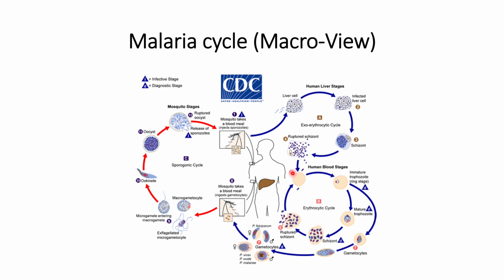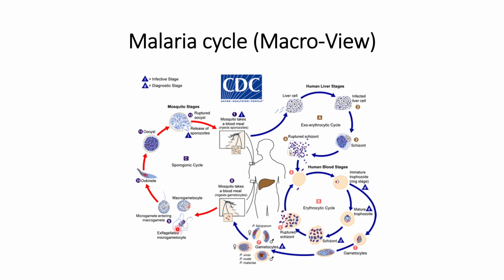So when a mosquito bites a malaria infected patient, or when it takes a blood meal, it will ingest these gametocytes that have been produced within the malaria infected cells.